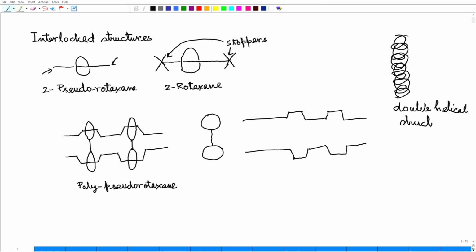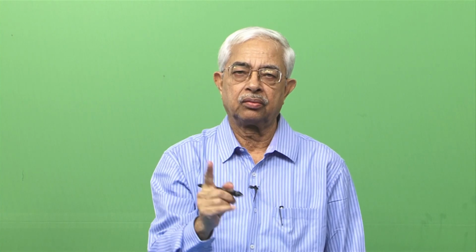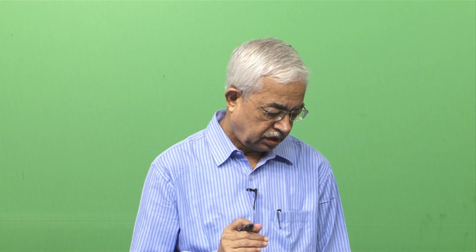Similarly, we can have triple helical structures. Writing a helical structure is somewhat difficult, but you can imagine that one goes like this, the other will go the other way. For double helical structure, you have some idea from DNA, the DNA double helix, and triple helix structures are also available.